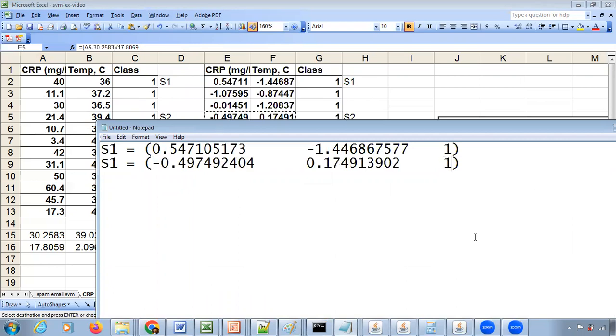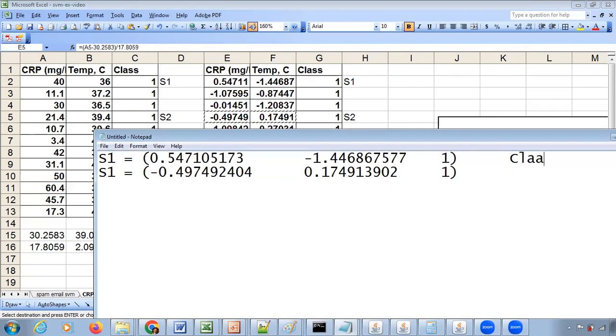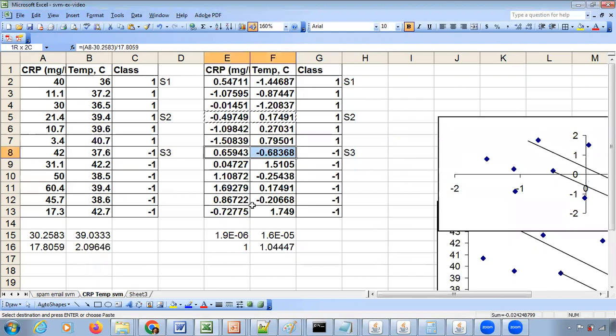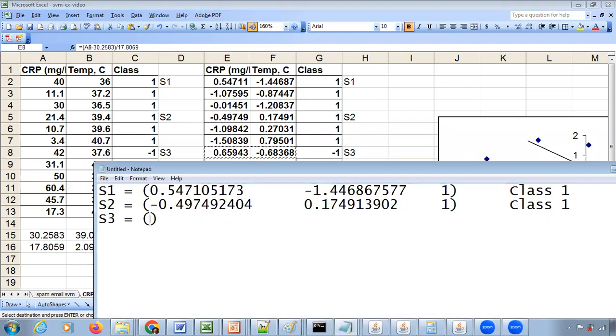So these two are for class 1. This is S2. And then S3 is going to be this guy over here. So copy those two normalized values. So this is for class -1.